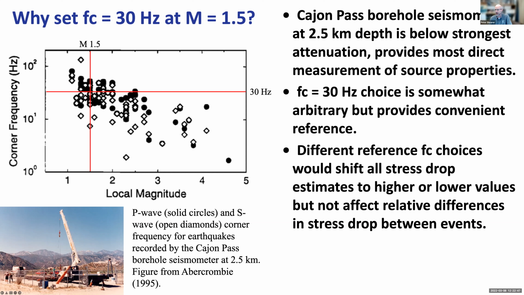So it was below most of the near surface layers that cause attenuation. So you get a relatively unbiased view of what things are in the absence of attenuation. There is a lot of scatter, but 30 hertz seemed a reasonable value to use.